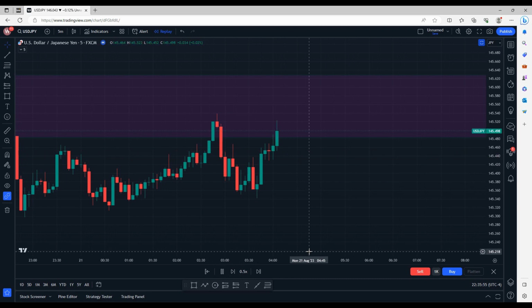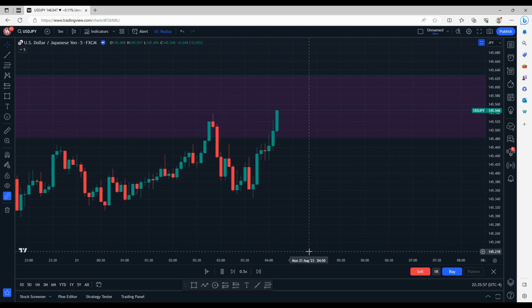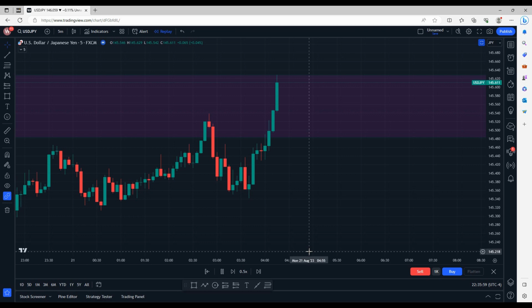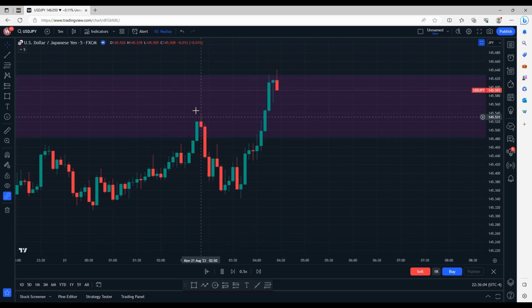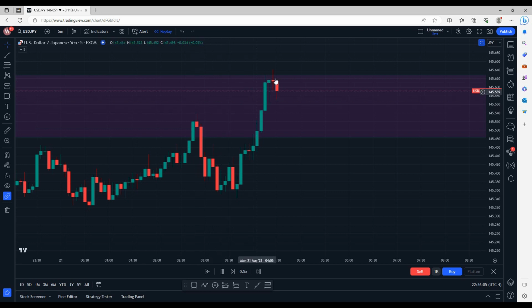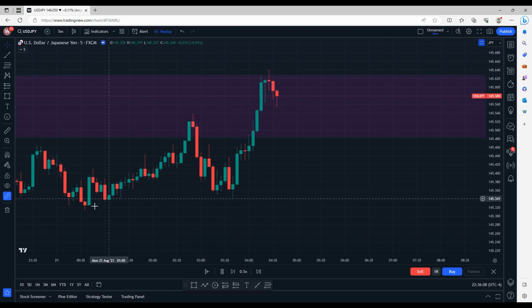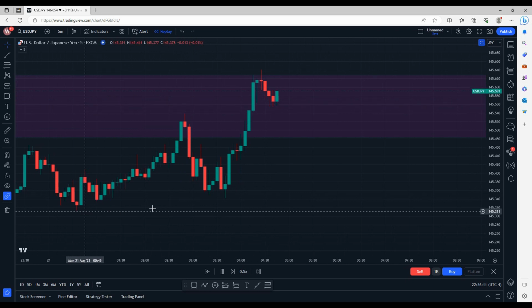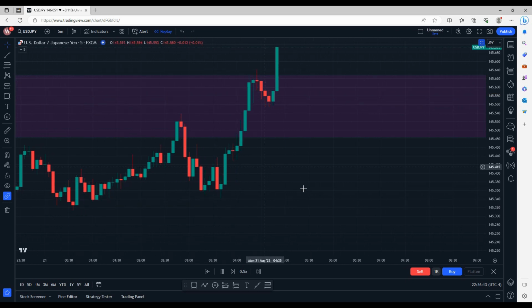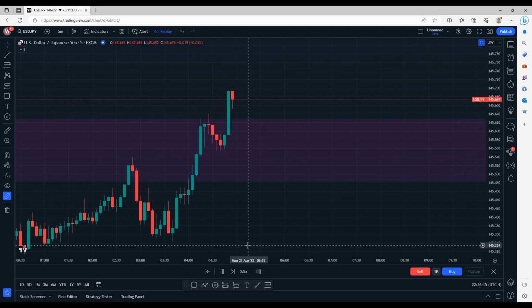So it looks like the market was ranging around that time. So we have a break of structure. This was your most recent high, and now it just broke it. And you have a low here and a higher low. So it looks like the market is trending at this point.